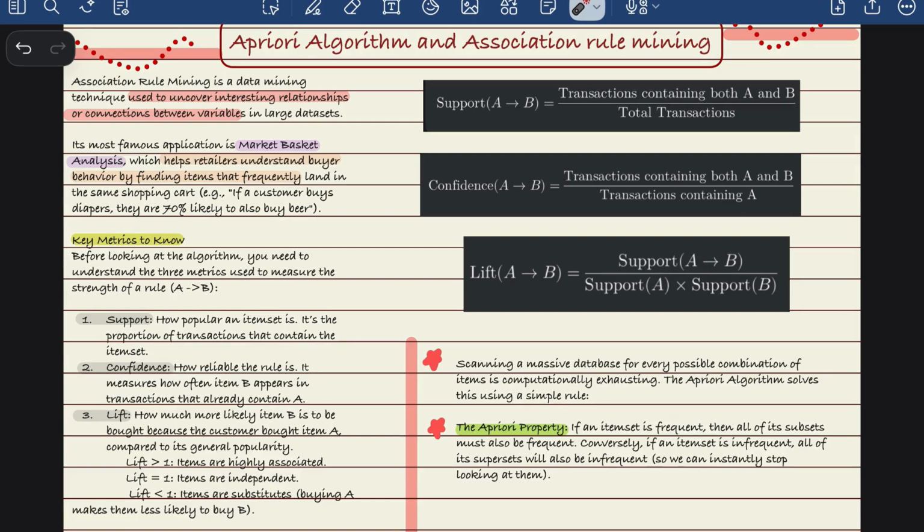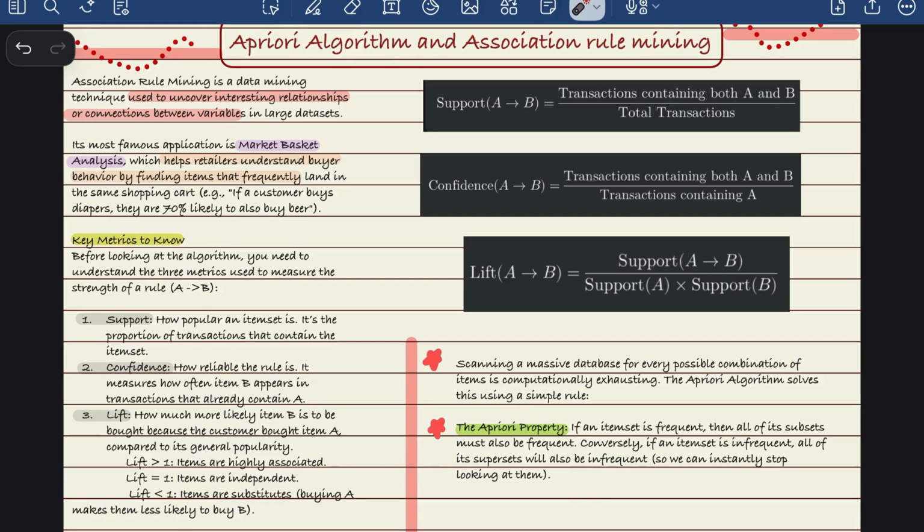You need to understand this as well. The Apriori property says that if an item set is frequent, then all of its subsets must also be frequent, right? If item A is bought most frequently, then all the items which are bought with A might be frequent as well. Conversely, if an item set is infrequent, then all of its supersets might be infrequent as well.